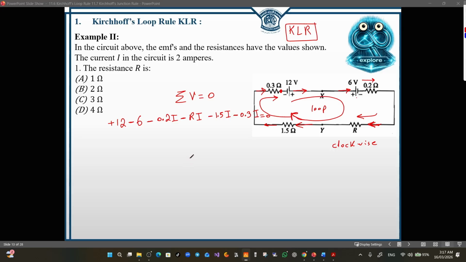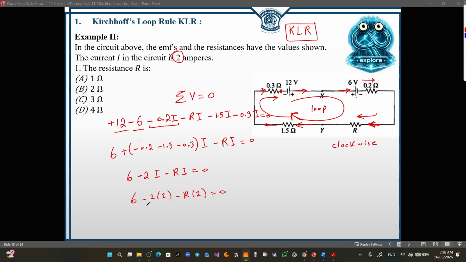Now we combine the similar terms. 12 minus 6 is 6. Minus 0.5 and minus 1.5 is minus 2. So 6 minus 2i minus Ri equals 0. Now we know that the current is 2 amps. So 6 minus 2 times 2 minus R times 2 equals 0. Minus 2 times 2 is minus 4.